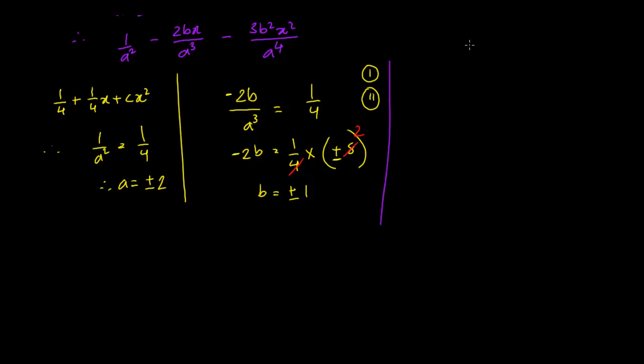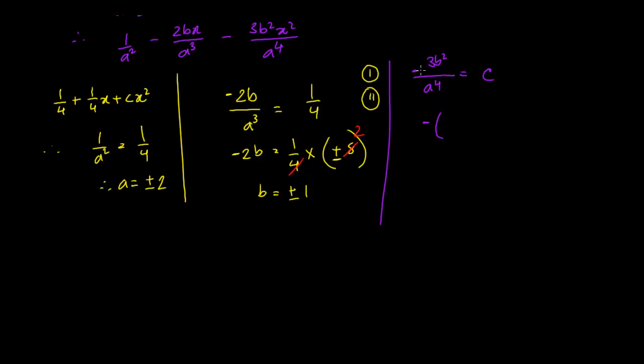And the third one is this. Negative 3b² over a to the power of 4 is equal to c. Now we have the values of b and a, so all we have to do is calculate it. We have to notice that there will be only one answer.